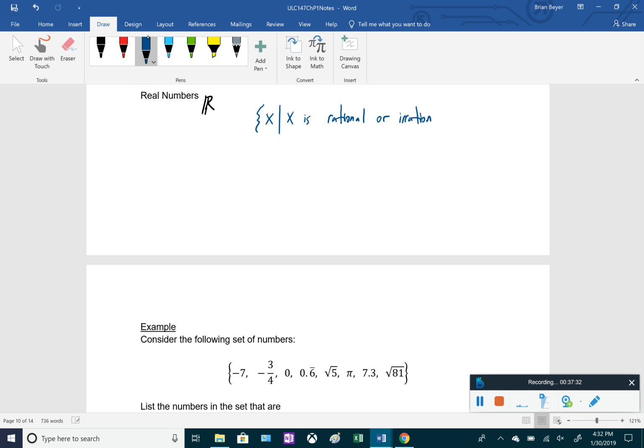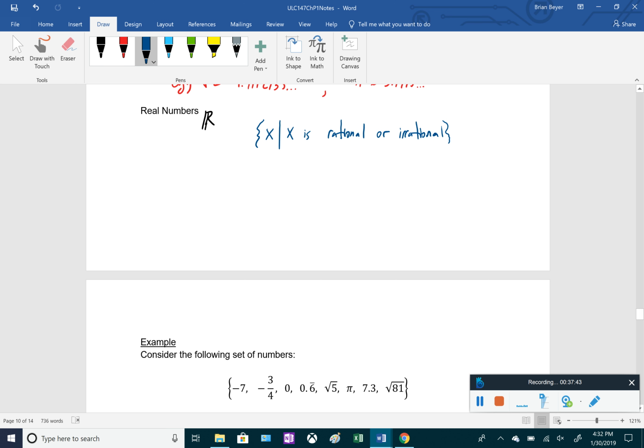So rational and irrational numbers together, the union of them, make up the set of real numbers. So almost everything that we work with is a real number. Any number you can think of, almost, is a real number. The ones that are not, that we'll be getting to, are imaginary numbers. They're not real numbers. We'll worry about that at a later date. And the infinities are also not real numbers.